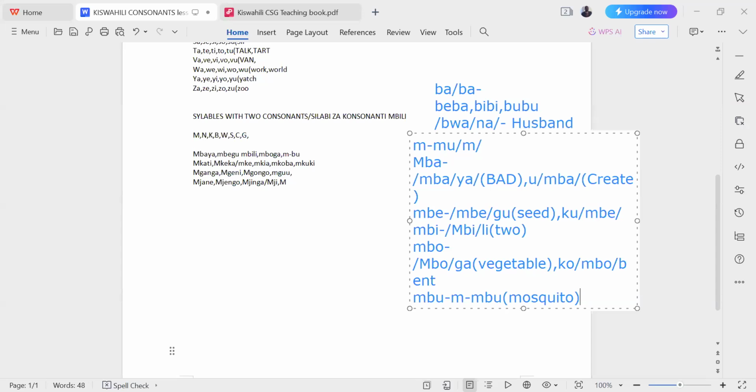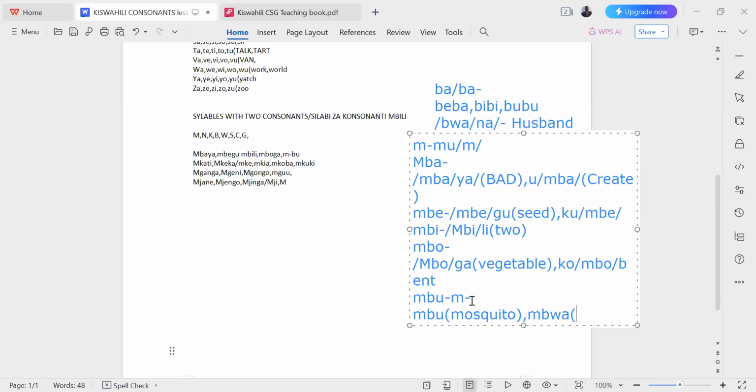There's also the case where M follows B in the letters, for example mbwa. We'll say mbwa. These are now three consonants forming a syllable, but M is still here. Mbwa always means dog.